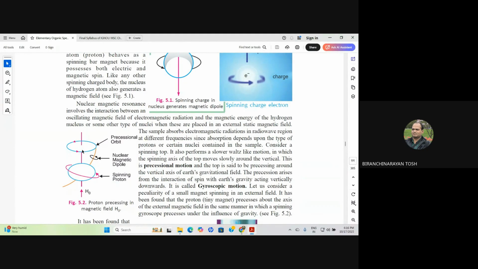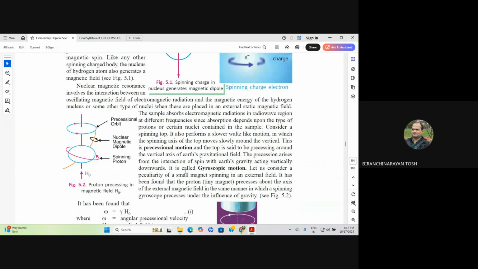When your top spins, it has its spinning motion and also the gyrational motion, also known as gyroscopic motion. You can imagine the top spinning around its own axis, but the axis itself makes a motion like this. That is known as the precessional motion or precessional orbit, or gyroscopic motion.